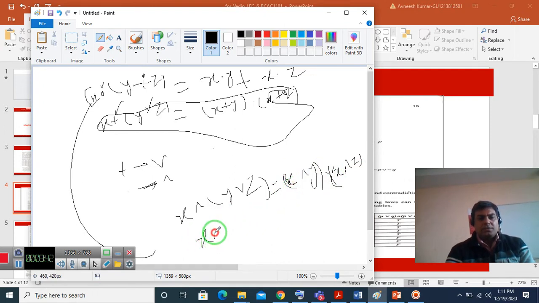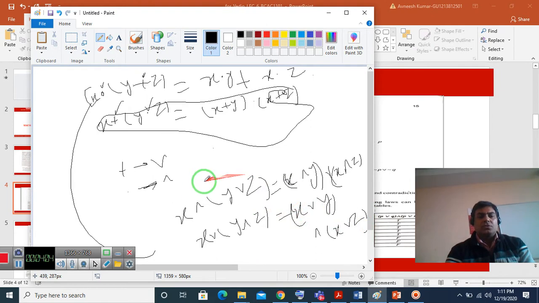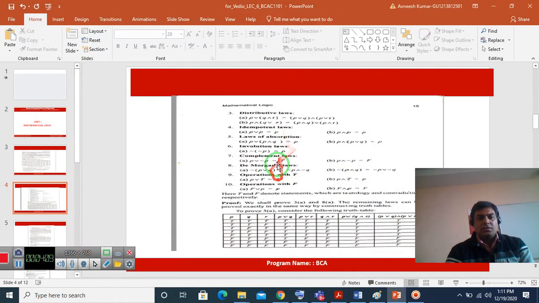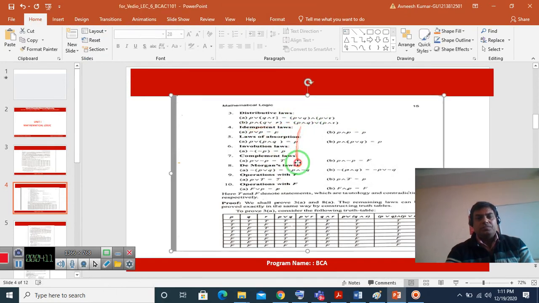And x disjunction (y conjunction z) is equal to (x disjunction y) conjunction (x disjunction z). In this way, this is called the distributive law.